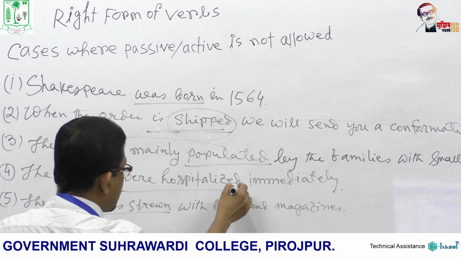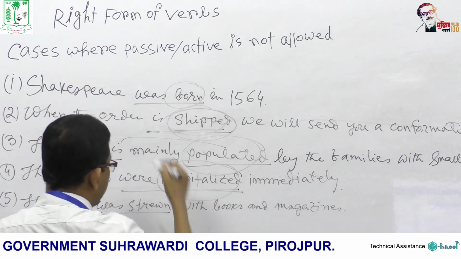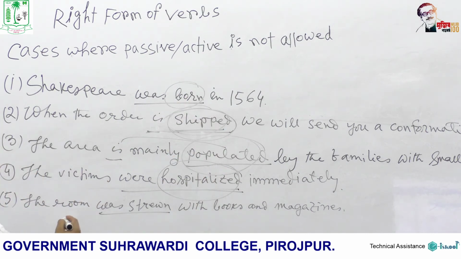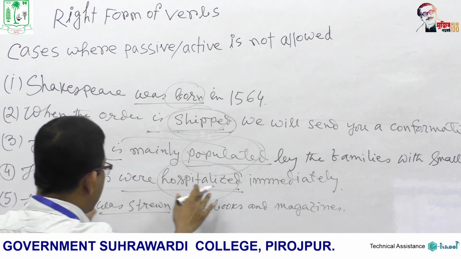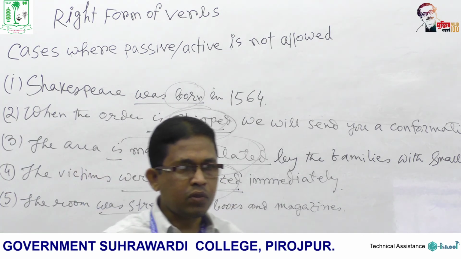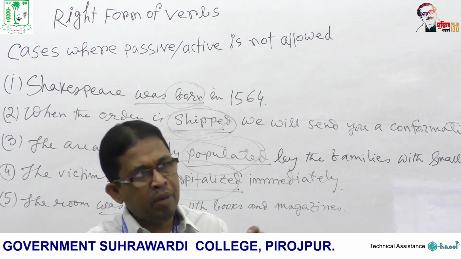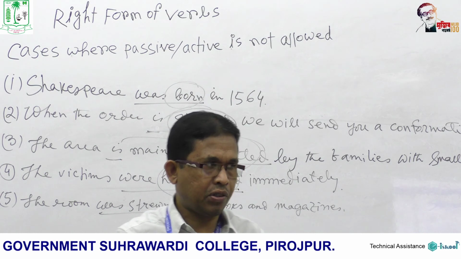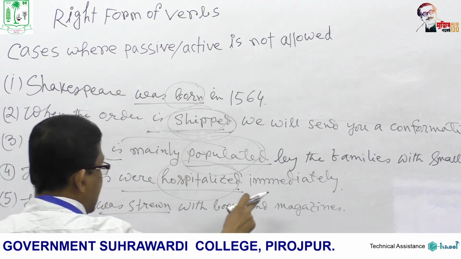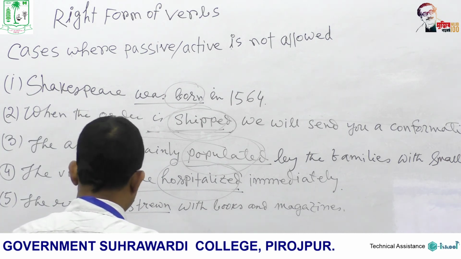Notice hospitalized, populated, shipped, born. The victims were hospitalized means maybe the victims of the accident were admitted to the hospital for treatment. And then the room was strewn with books and magazines.